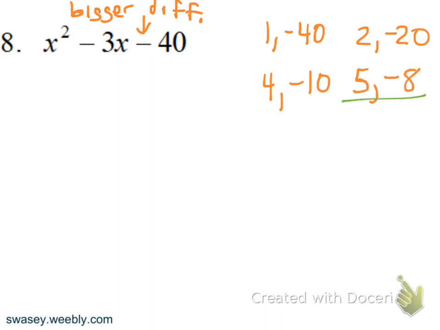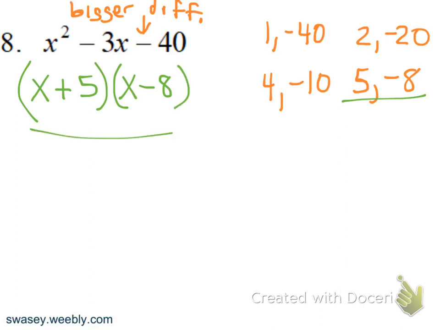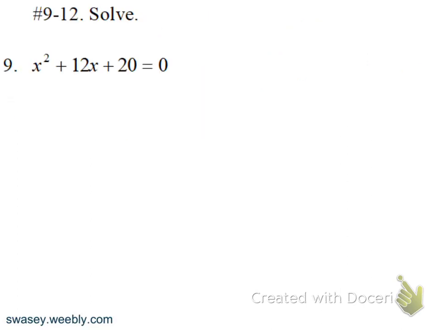So that's the pair that works. So we'll have x plus 5, x minus 8. We're looking for two numbers that multiply to get 20, that add to get 12. Same signs, both positive.